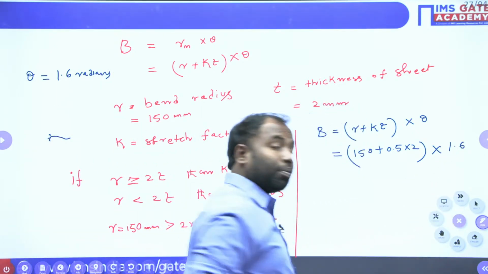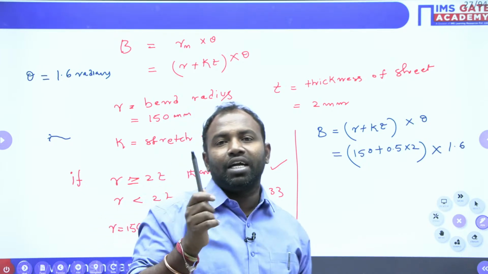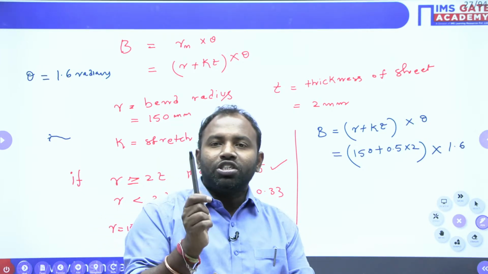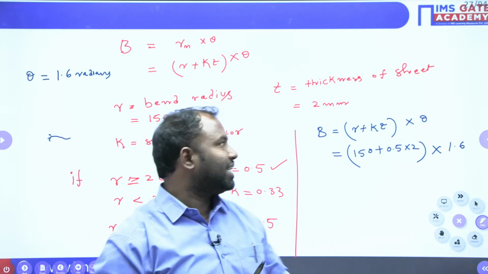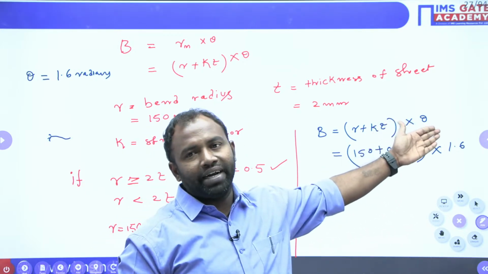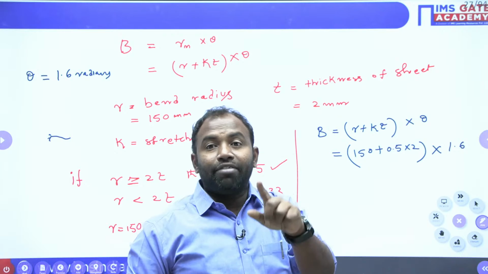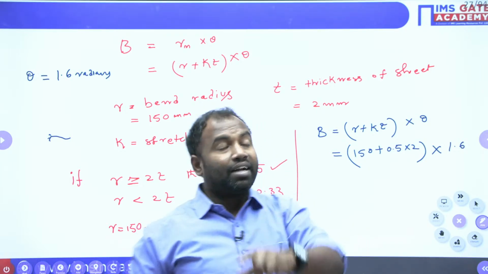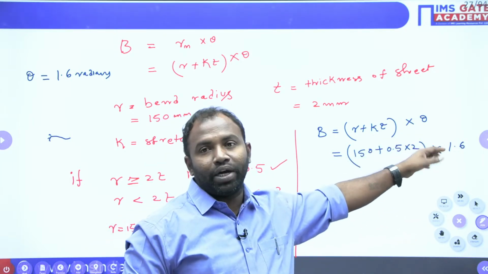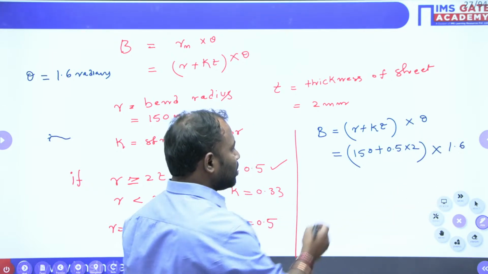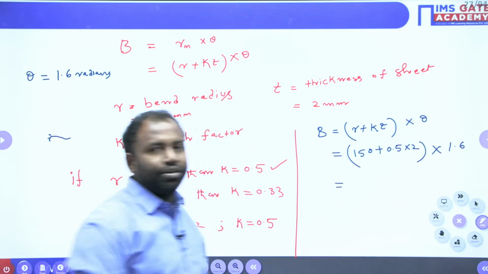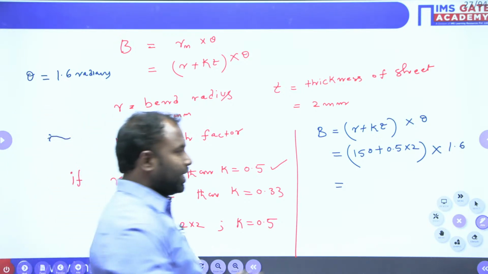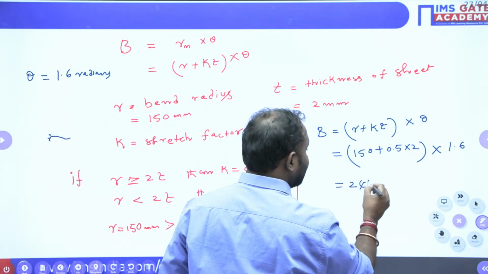If in the problem they mention the bending angle theta in degrees, you are supposed to convert it into radians, that is, you have to multiply with pi by 180. But in this problem, they gave theta directly in radians. That is why there is no need to multiply with pi by 180. So if you solve this, you are going to get the answer 241.6 mm.